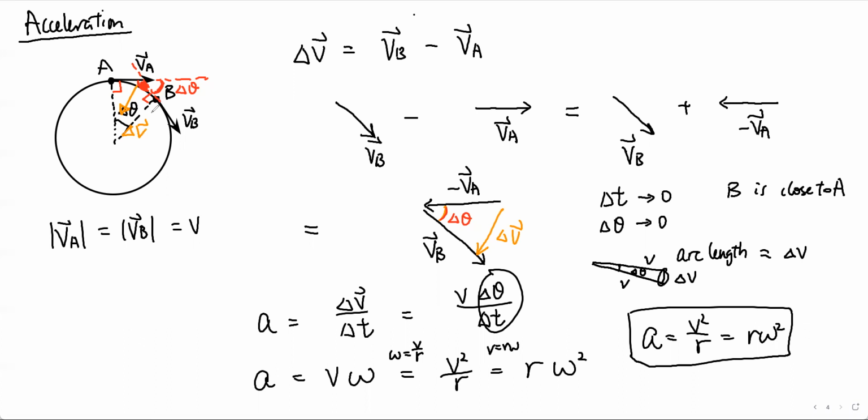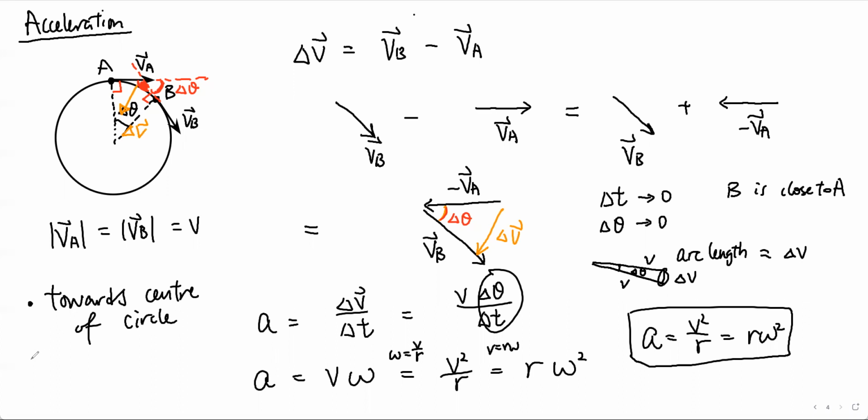Now, because you can see that the change in velocity points towards the center of the circle, for this acceleration we have a special name for it. Now, this acceleration is always pointing towards the center of the circle. So therefore, we have another name for the acceleration.